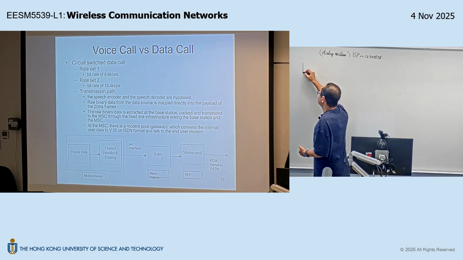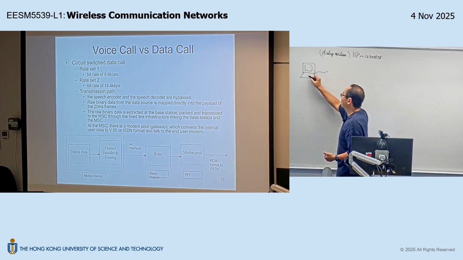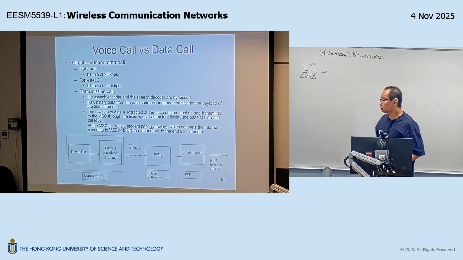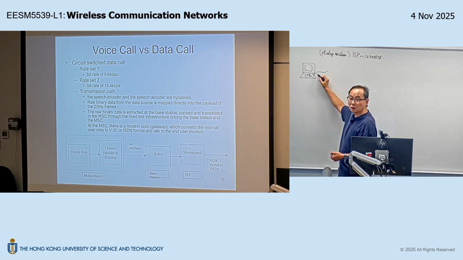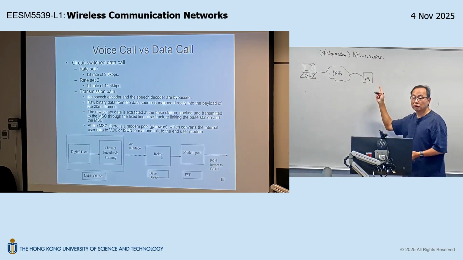So if you are at home, let's say this is your laptop, you connect through the modem. The modem at that time is called V.90, which is the standard of the modem. Through the telephone socket RJ45, you connect to the PSTN. And then the PSTN, this number, will be connected to the ISP, where the ISP also terminates the telephone socket with the V.90 modem.